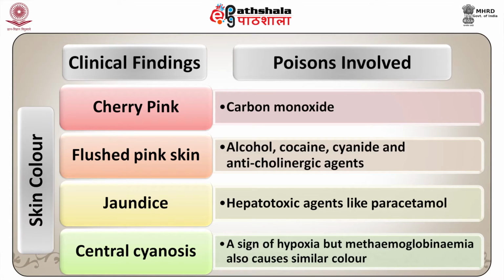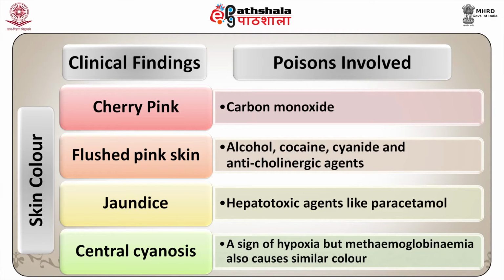If it is cherry pink, then it means it has the poisoning of carbon monoxide. If the skin color is flushed pink skin, then the poisoning must have been caused due to alcohol, cocaine, cyanide and anticholinergic agents.